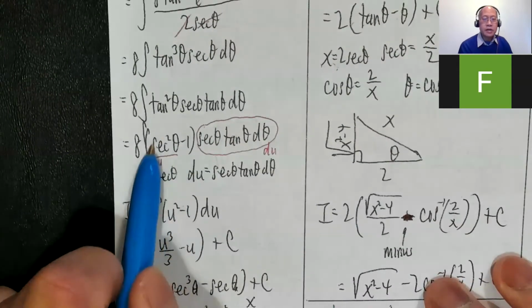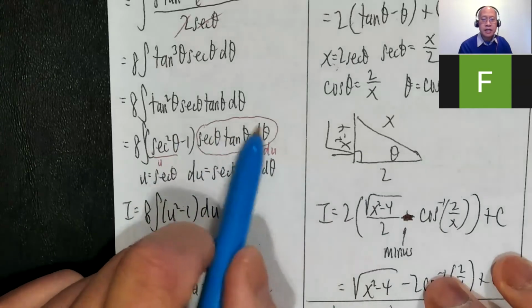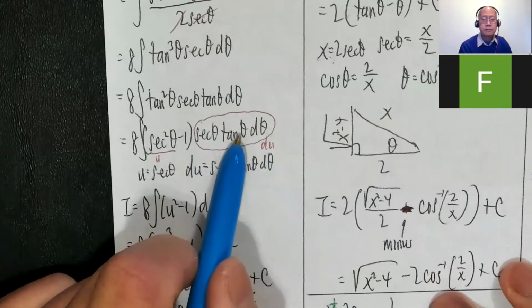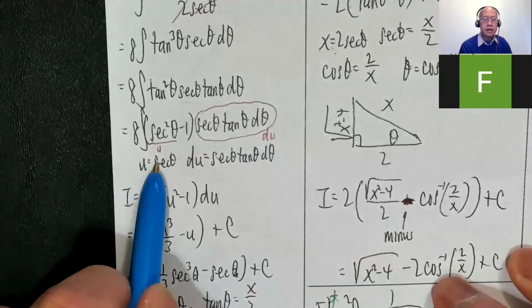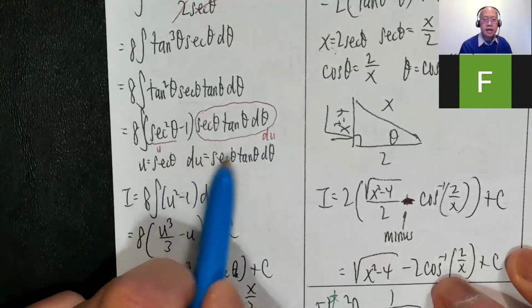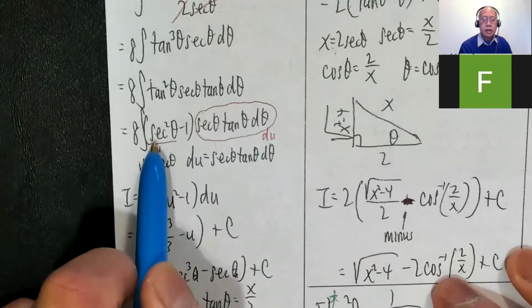So now this looks like stuff with secant theta times secant theta tangent theta d theta. So I substitute u equals secant theta, du equals secant theta tangent theta d theta. So all of this is my du, and here's my u.